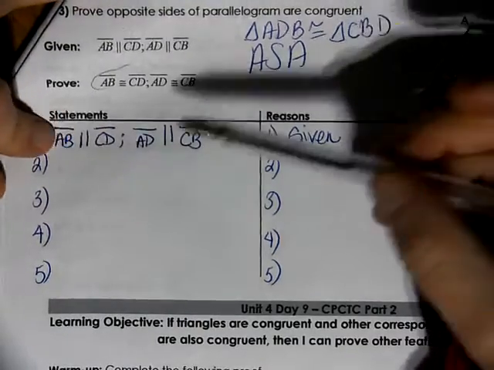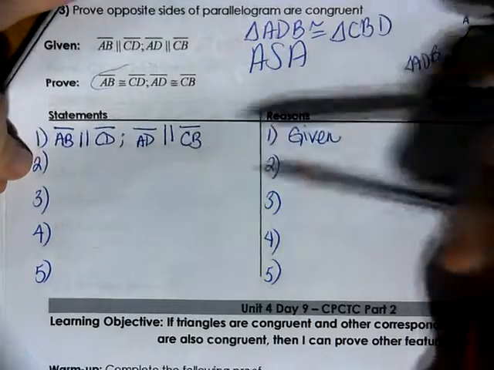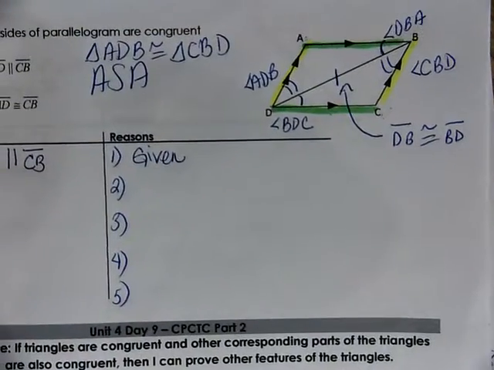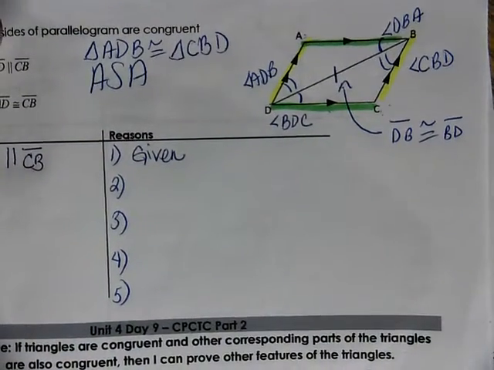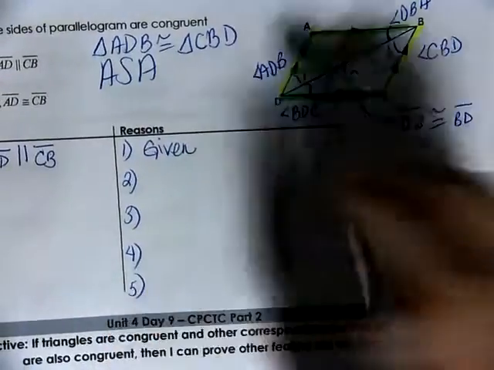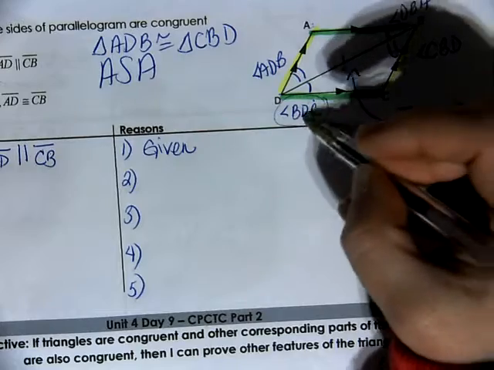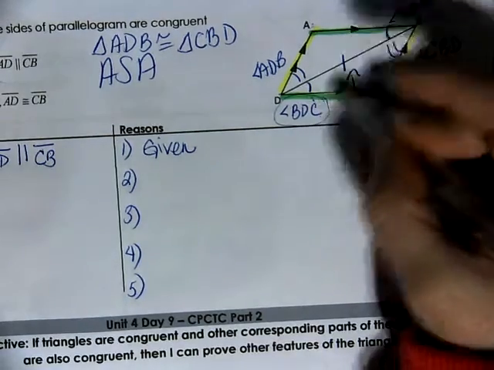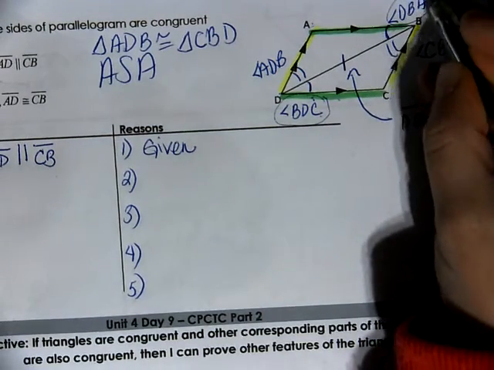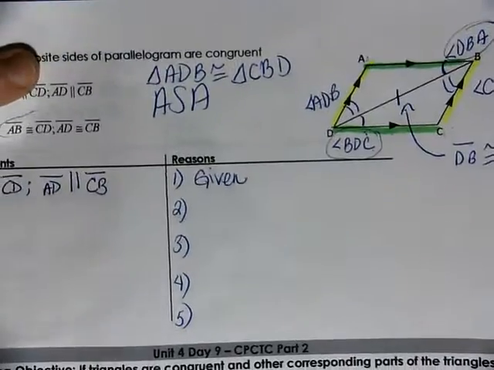So now, since we have parallel sides, we can now talk about those alternate interior angles, and we need to state both sets. So I'm going to state that angle BCD or BDC matches with angle DBA.